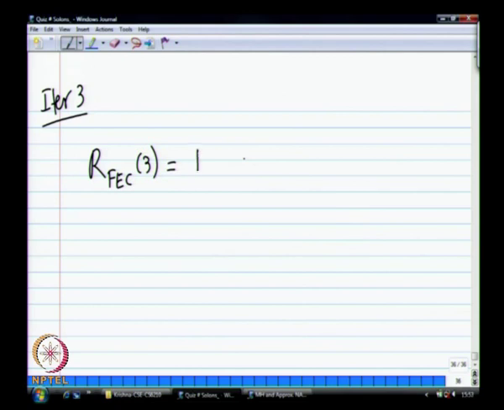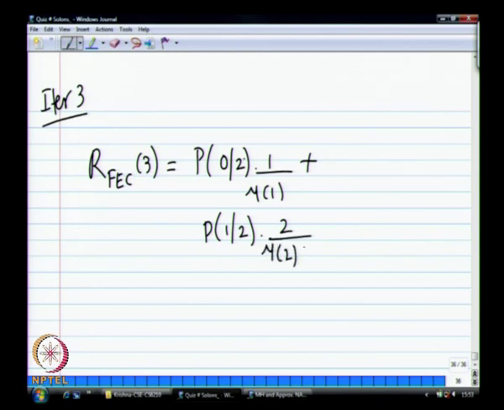So when j is 1, this is P of 0,2 into 1 by mu of 1. When j goes to 2, this is 2 by mu of 2. When j goes to 3, this is... did I get all that right? Yeah. This then finally computes to 5.86.